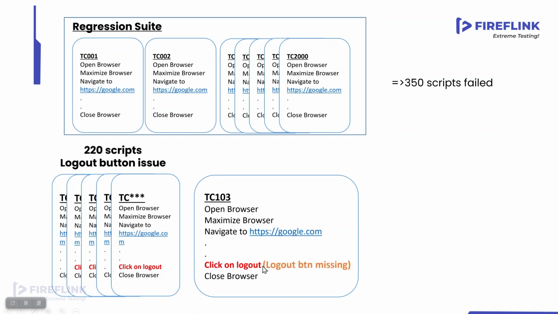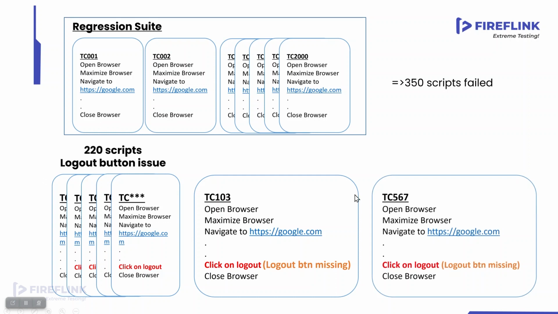Tag in the sense I will give a name for this particular step: logout button missing. This is the tag name I am giving for this failure. So this failure is tagged with the name logout button is missing, and this is done in script 103.